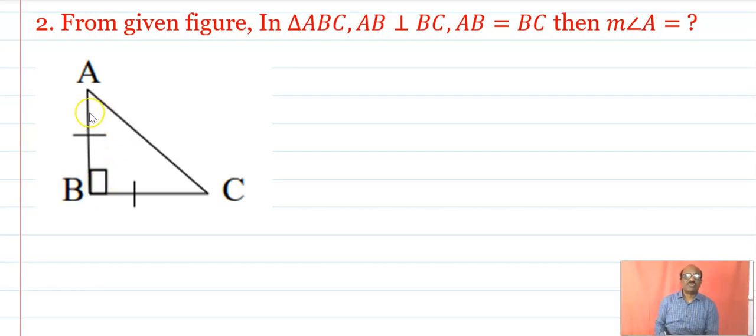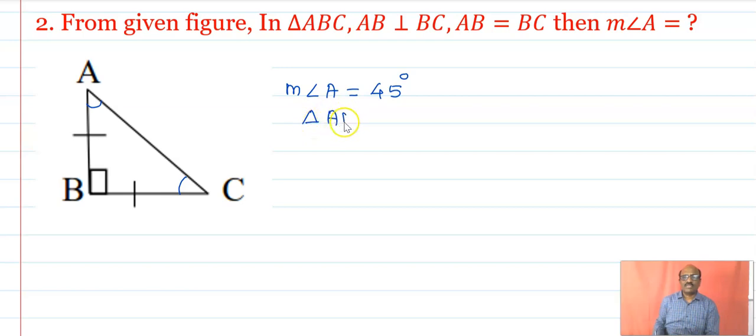Isosceles triangle means the measure of angle A and the measure of angle C are both equal, and the sum of these two angles is 90. Therefore, measure of angle A is equal to 45 degrees.